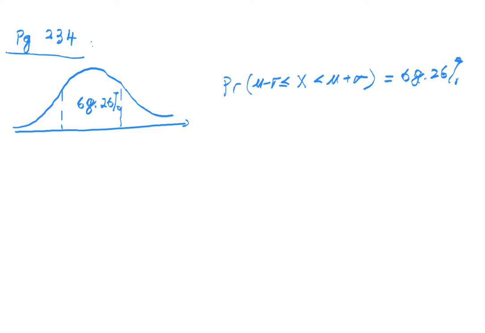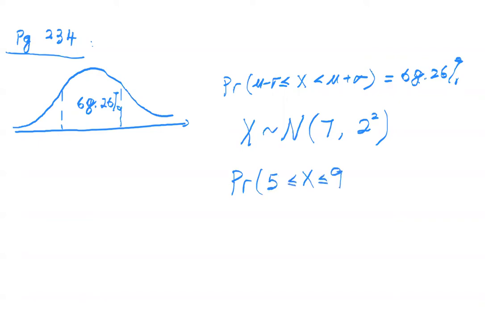For example, I give you a normal distribution. The mean is 7. The standard deviation is 2. Find the probability that X is between 5 and 9. So how am I going to do it using my graphic calculator?